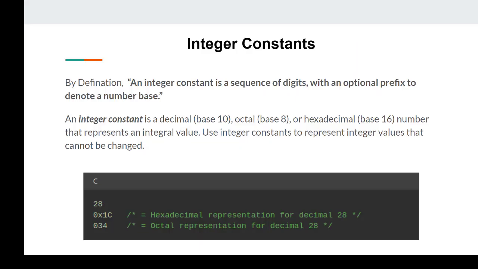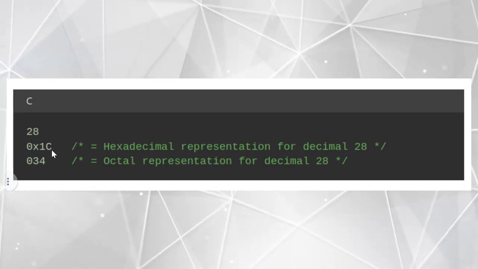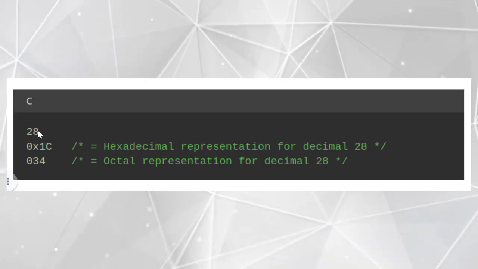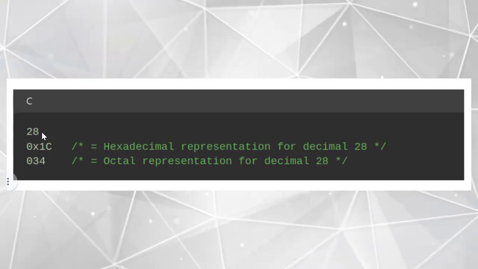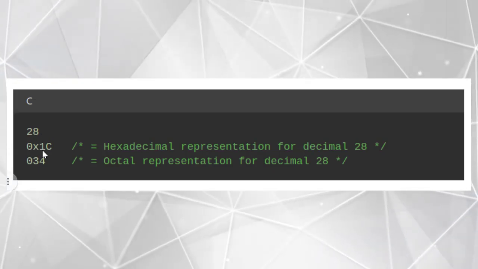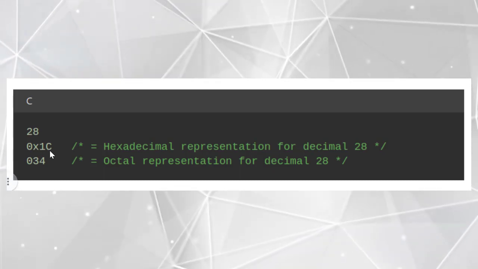Now, integer constant. What is an integer constant? An integer is a sequence of digits, and it is optional to denote the numeric base. Whenever you write 0x1c, this is a hexadecimal number. 28 is a decimal number, and 1c is the hexadecimal representation of 28.